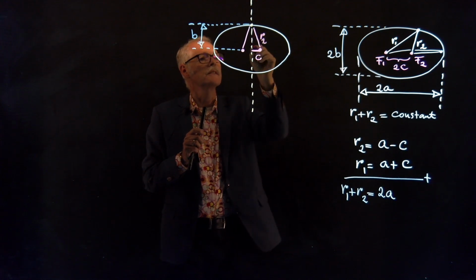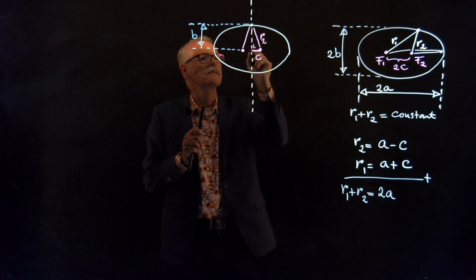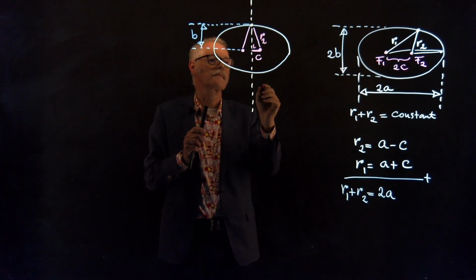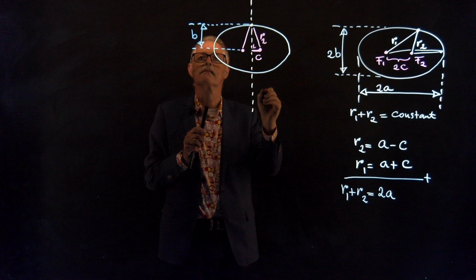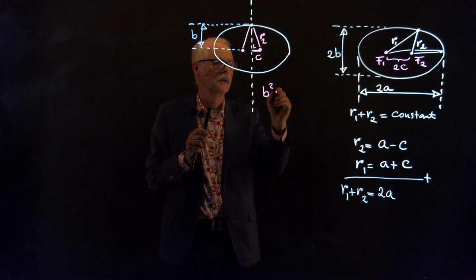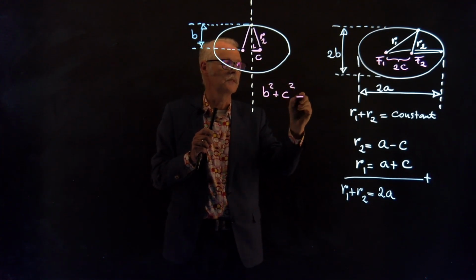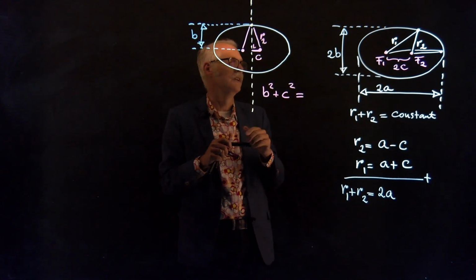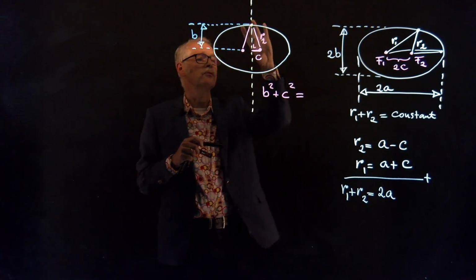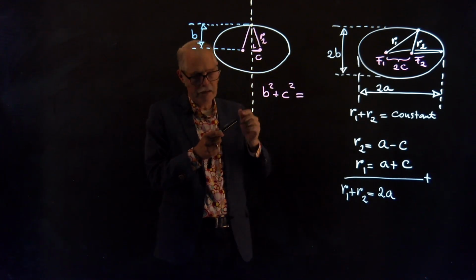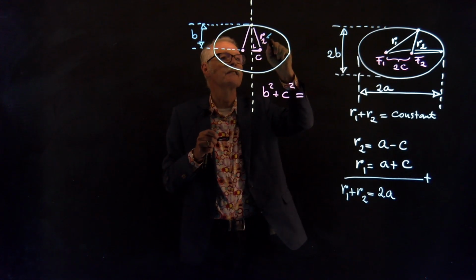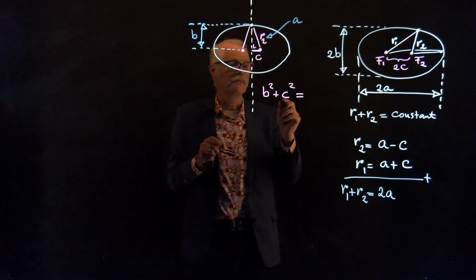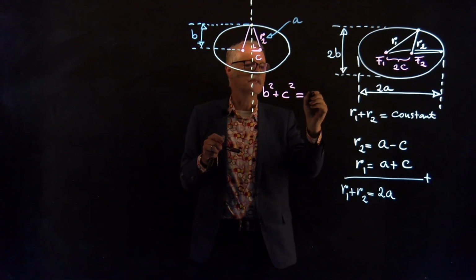Now we see here a right-angled triangle, and Pythagoras' law says that b squared plus c squared equals R2 squared, but I know something else about this R2, namely R1 and R2 together are 2a. They are the same. So as a matter of fact, this R2 happens to be a. So now we see b squared plus c squared equals a squared.